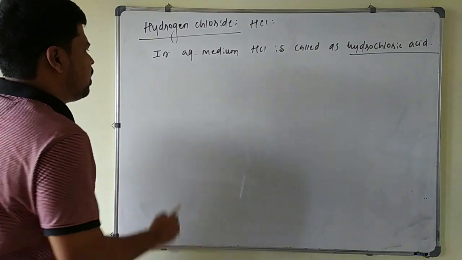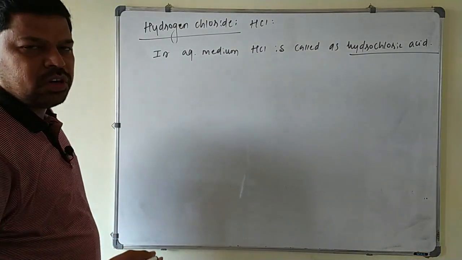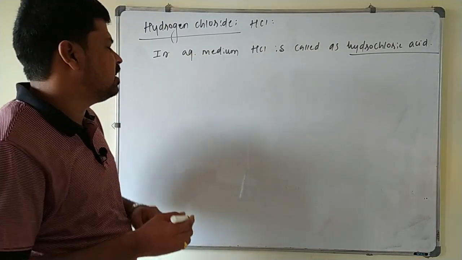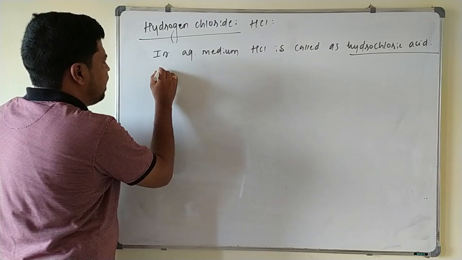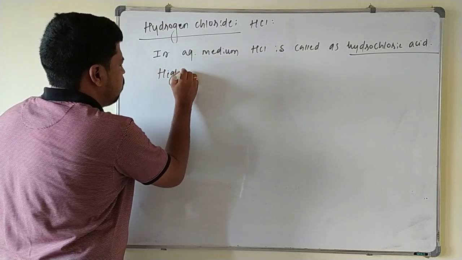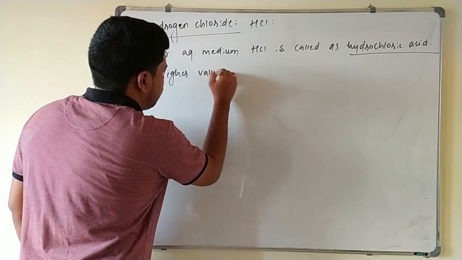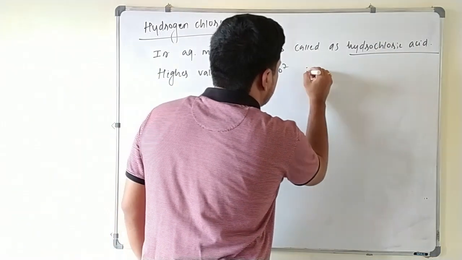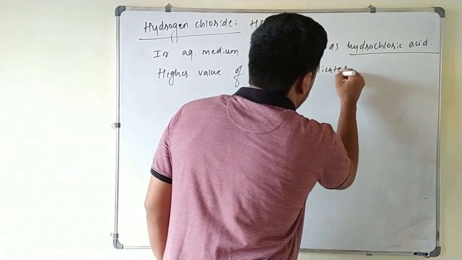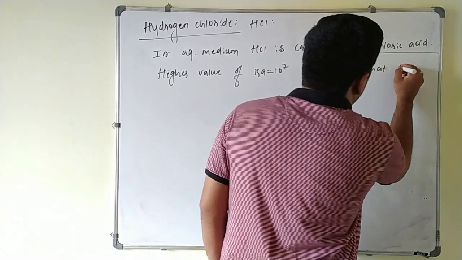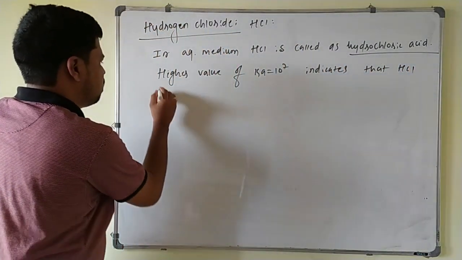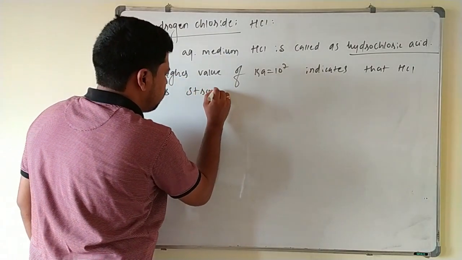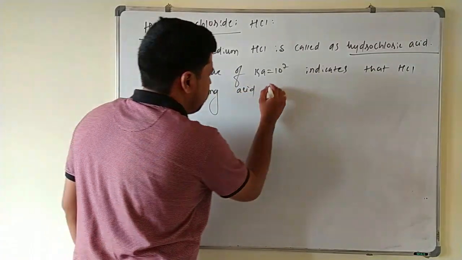Next point, higher Ka value. Greater the Ka value, stronger will be the acid. Ka is dissociation constant for the acids here. So higher value of Ka, that will be equal to 10 power 7, indicates that HCl is strong acid in water.